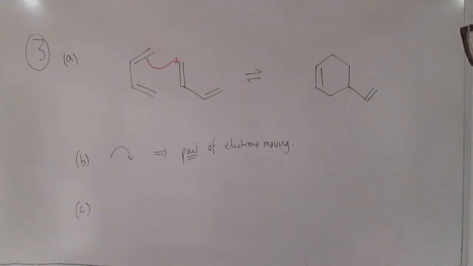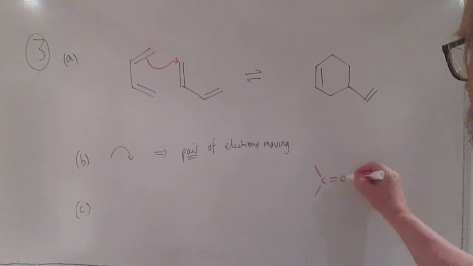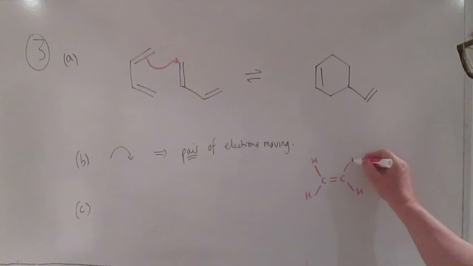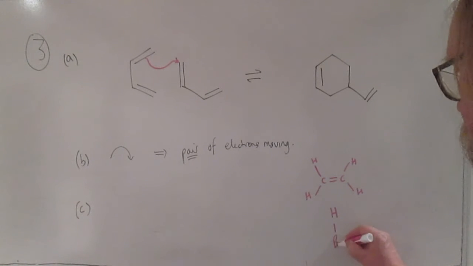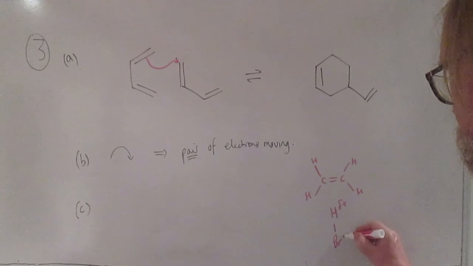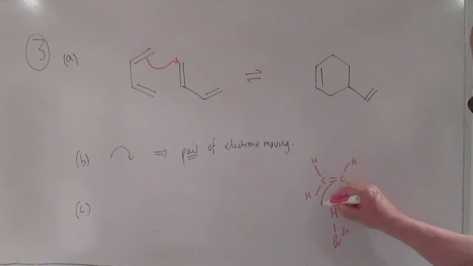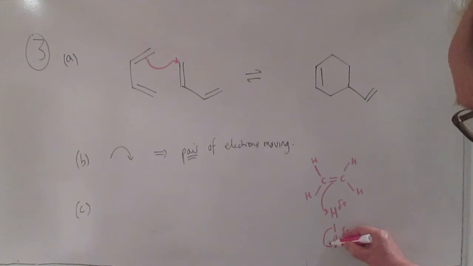Okay, and if you think about it, that's just the same as if you have the alkene mechanism. You know, if it's adding HBr, remember, you draw the curly arrow from this bond to the hydrogen and from this bond to the bromine.